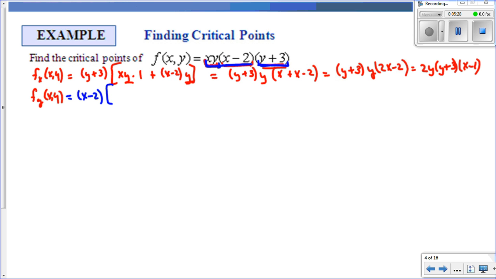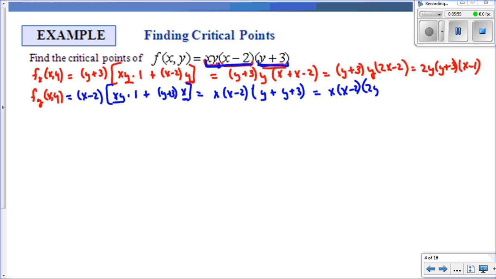So I'll have xy times the derivative of y plus 3, which is 1, plus y plus 3 times the derivative of xy with respect to y, which will be x. And notice I have an x in common here and here, so I'll pull those out. I'll have x times the x minus 2 that's already in front, and then I'll have a y plus a y plus 3. So that'll be x times x minus 2 times 2y plus 3.